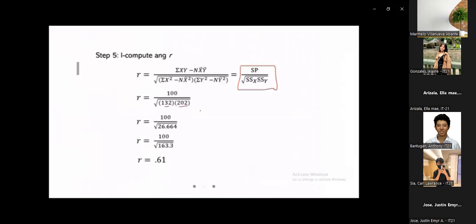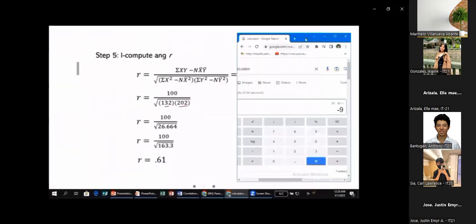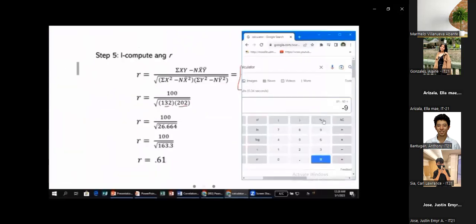Then, compute lang natin para double check, to make sure na tama. Ang una natin gagawin is i-multiply natin yung sa denominator. 132 multiply natin sa 202. So, yung sagot is 26,664. Tapos, square root natin siya.